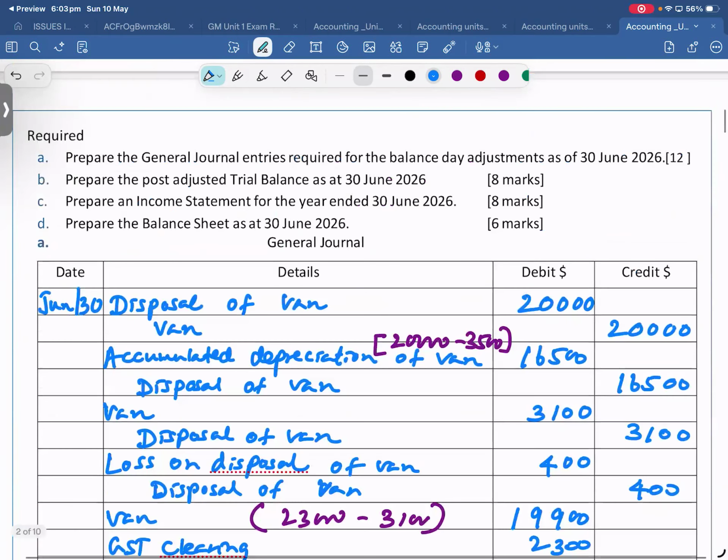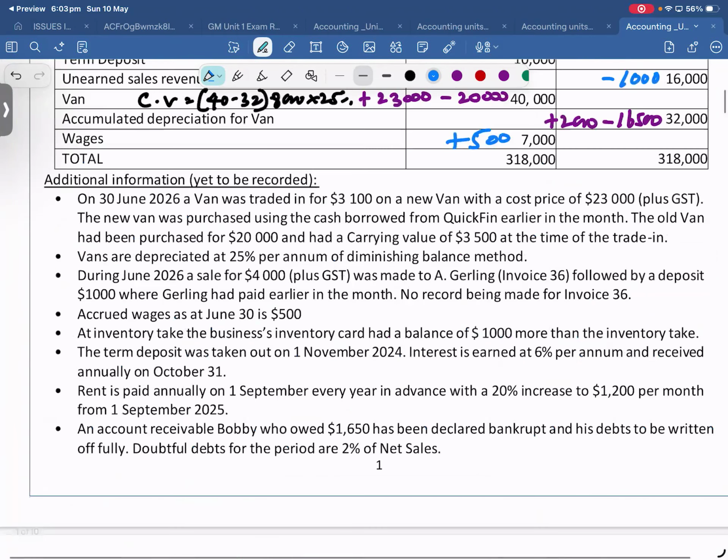Number 5, at inventory take, the business's inventory card had a balance of 1,000 more than the inventory take. So is it inventory loss or inventory gain or nothing?